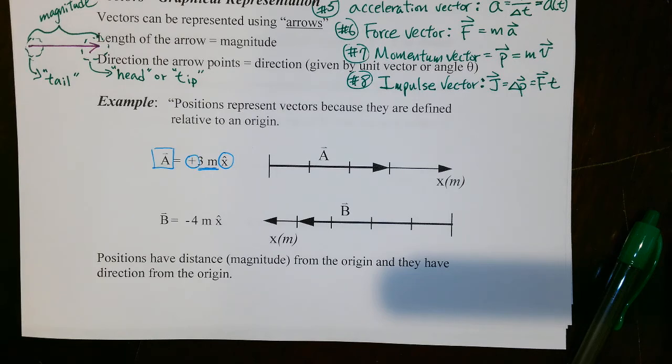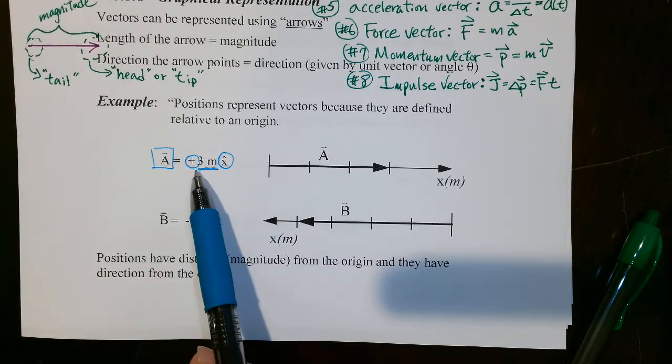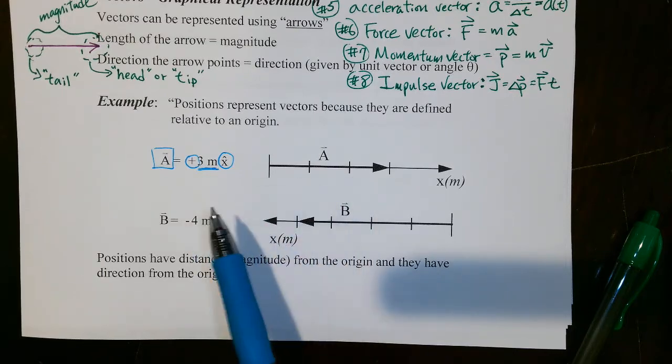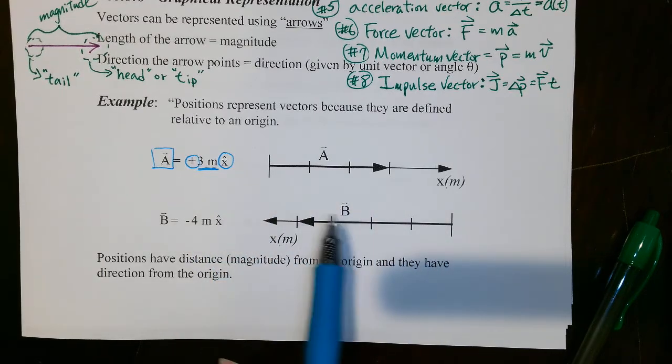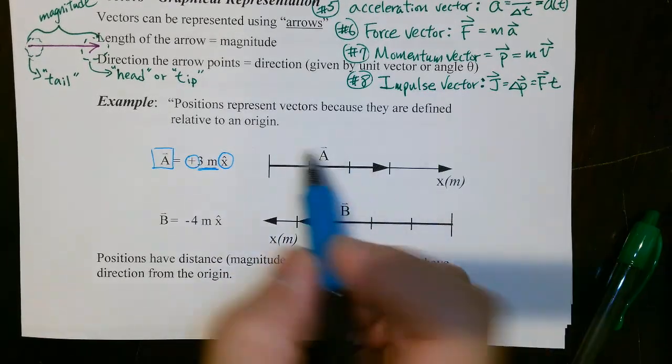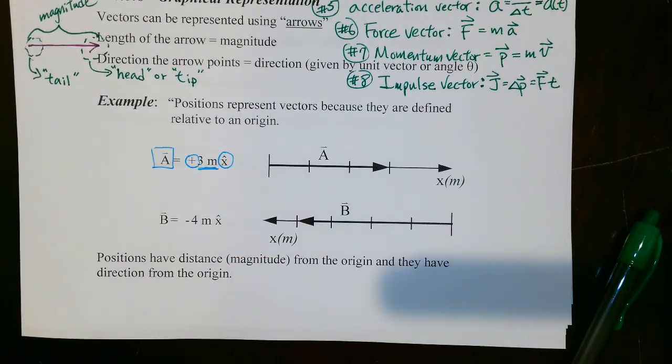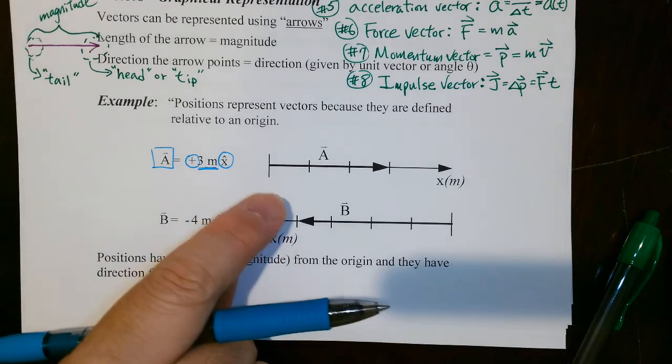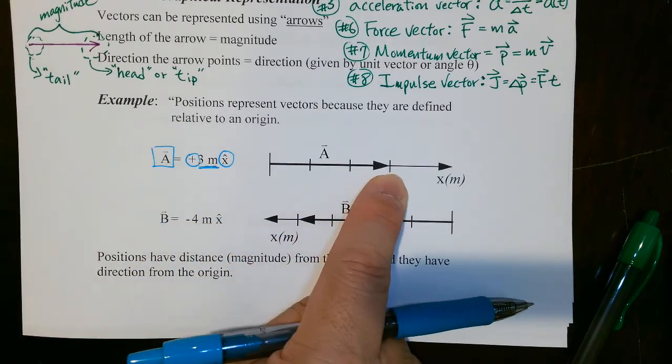So to represent that graphically, you obviously are not going to be drawing 3 meters on this paper, so you have to scale it down, right? Saying, you know, 1 centimeter is equal to 1 meter, and then you draw 3 centimeters to represent that 3 meters, and you draw it along the x-axis.